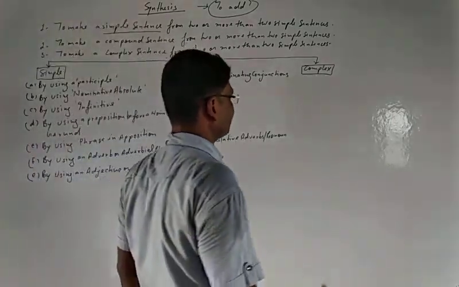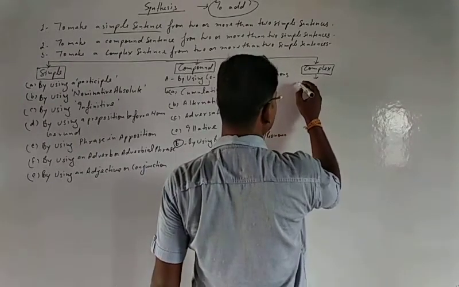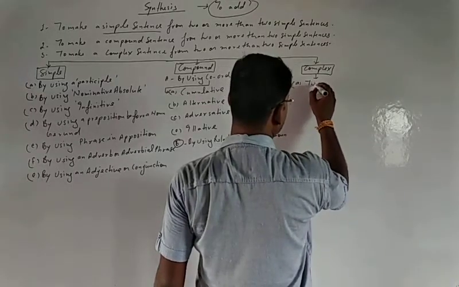And in complex sentence, there are 9 things which are used to make a complex sentence. First, time.